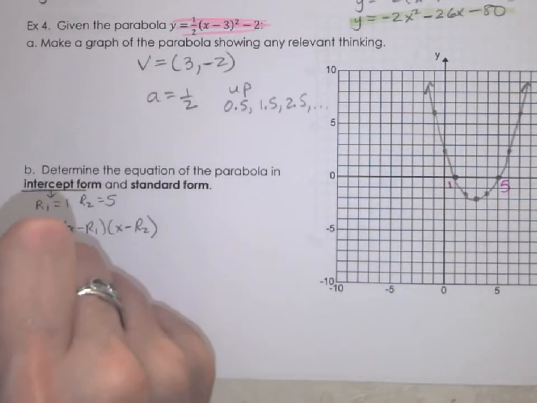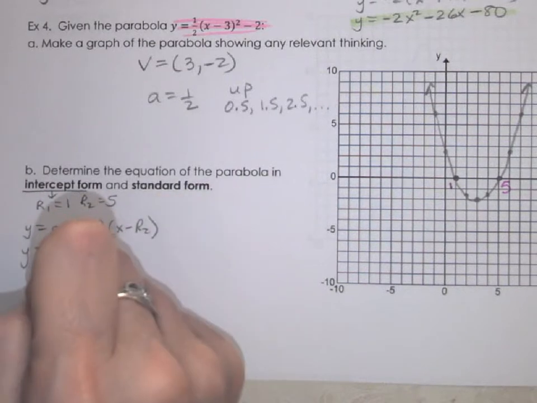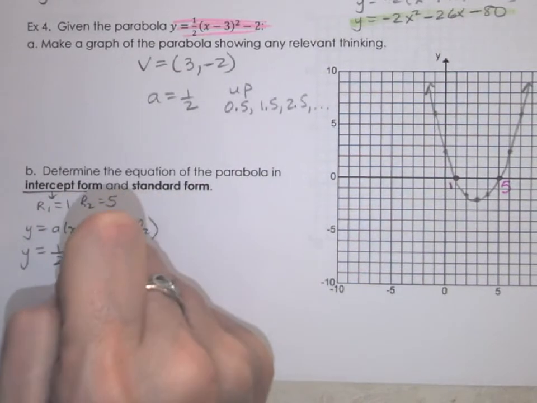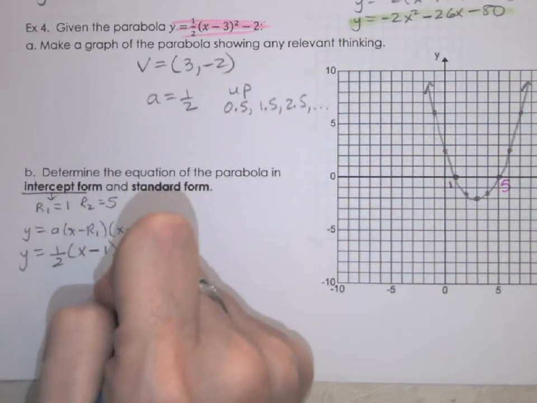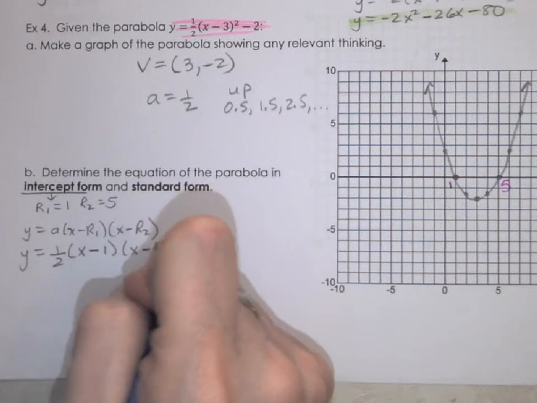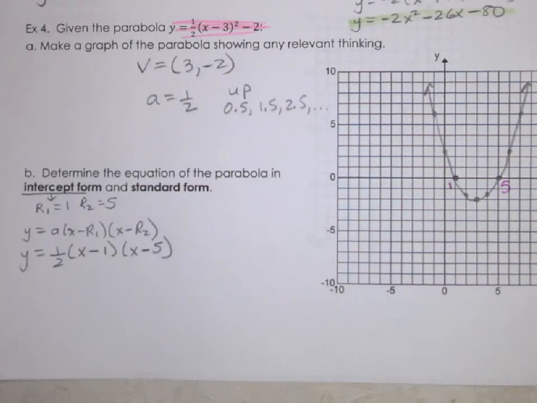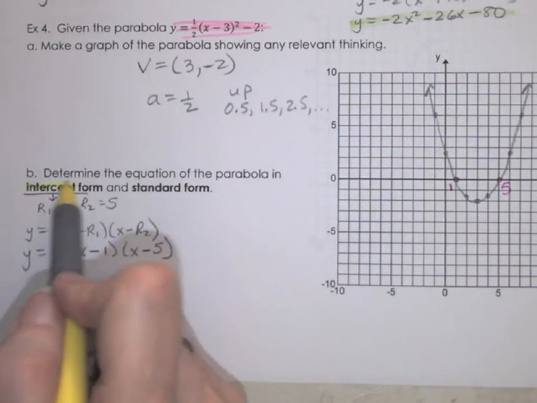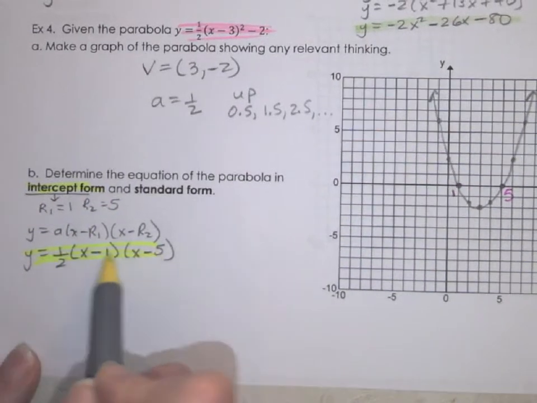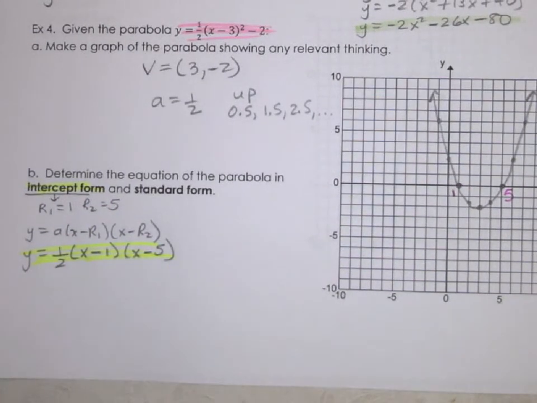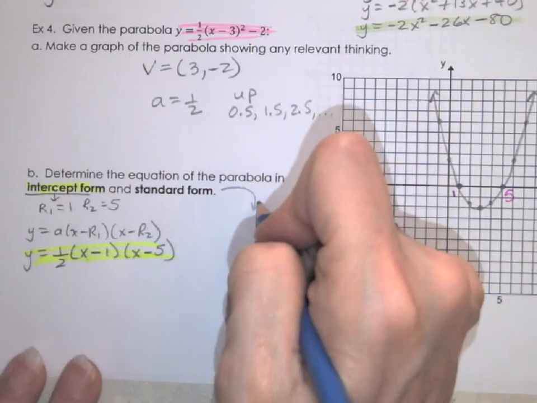So our a value is going to stay the same at a half, (x minus 1), because R1 is 1, (x minus 5), because R2 is 5. So there is our intercept form. And we still have to find our standard form.